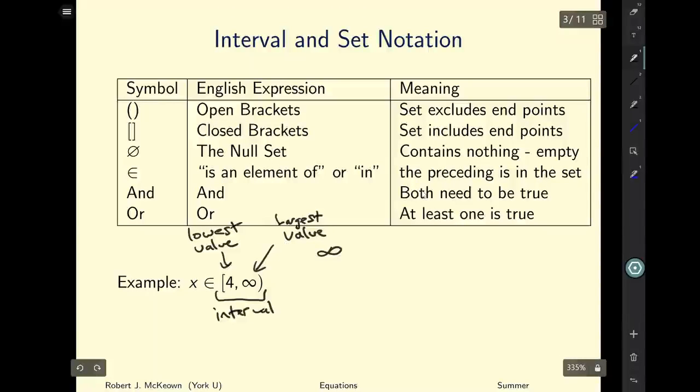And since it really has no upper limit, there is no largest value, we represent that concept with the infinity symbol. Right? So infinity symbols are not numbers. Infinity symbol represents a concept. No upper limit on this interval.